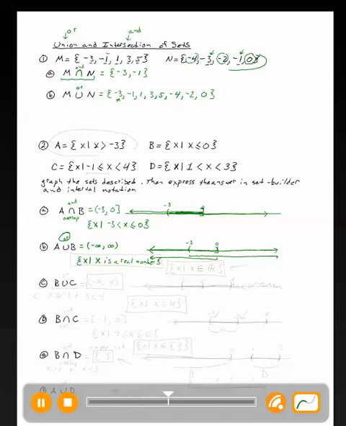Or if you want to be a bit more mathematical, you can say it's all elements x such that x is an element of, and that's this kind of funny E symbol for is an element of, and then we draw an R, and the R has two bars right here.